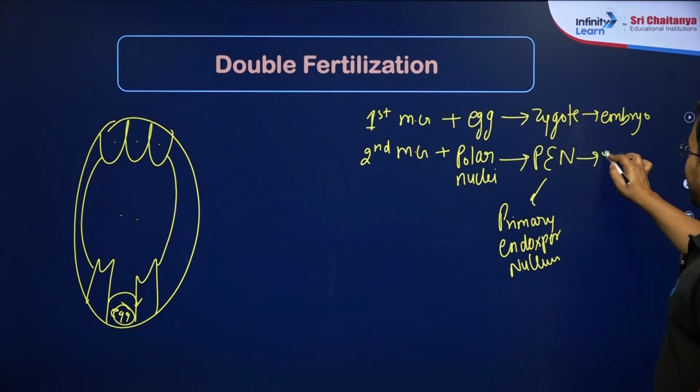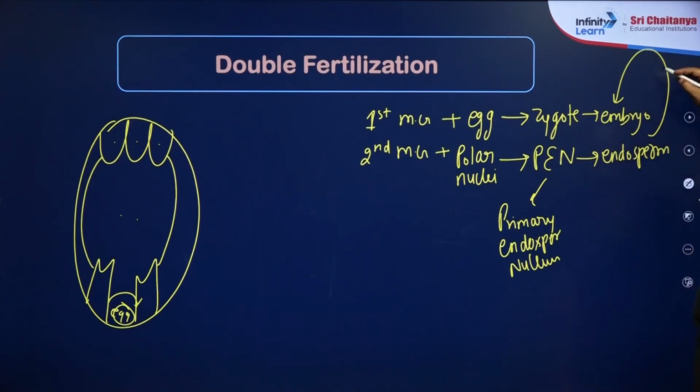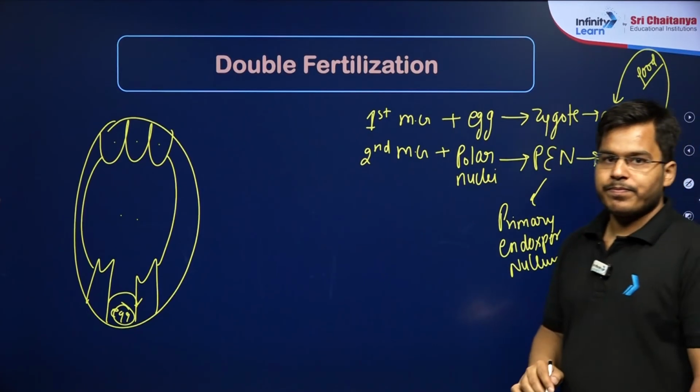From this PEN, endosperm will form, and this endosperm gives food to the developing embryo.